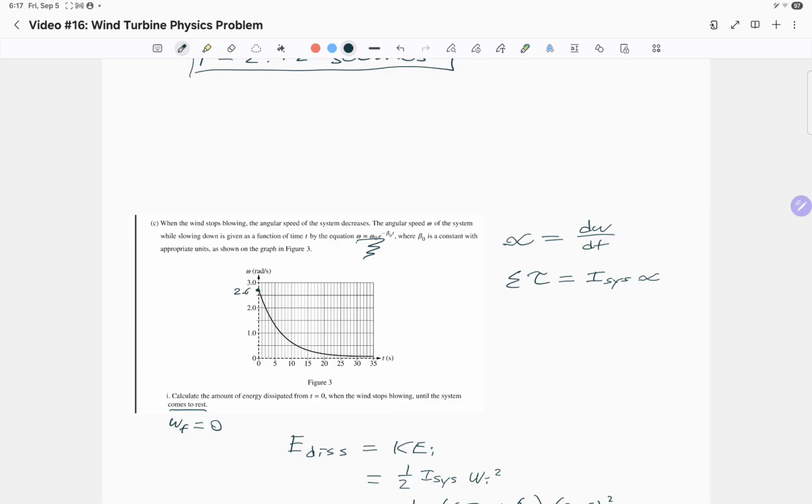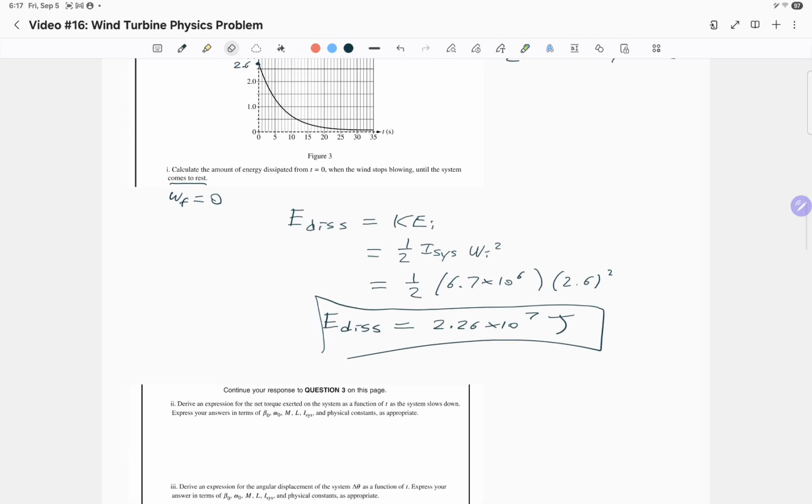So knowing these two facts, we can take the derivative with respect to time of this function, multiply by the inertia of the system to get an expression for torque as a function of time.